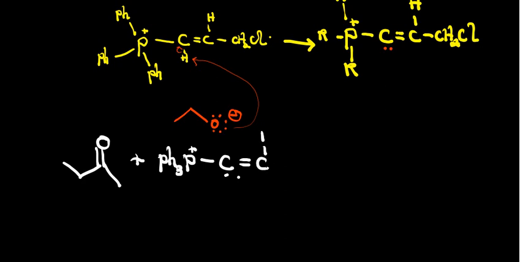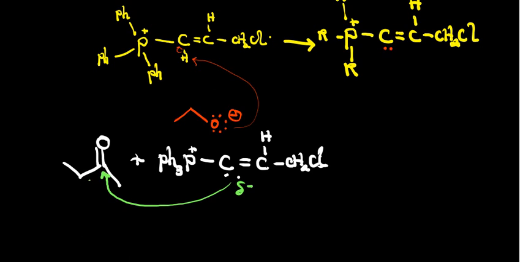So Cl. So what will happen here is that we're going to have an attack from this position going to that position. Why am I attacking there? This is partially negative, and this is partially positive. So an attack can only happen from the negative part going to the positive part.